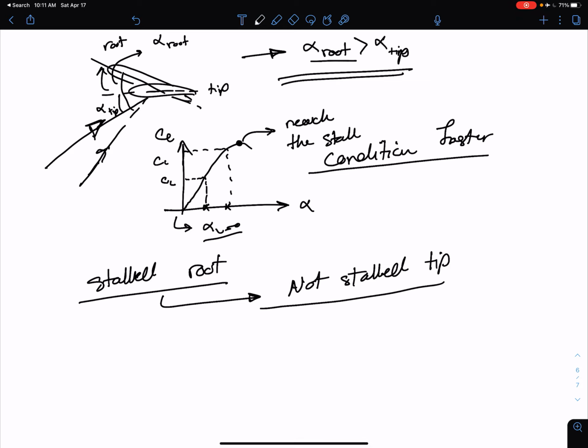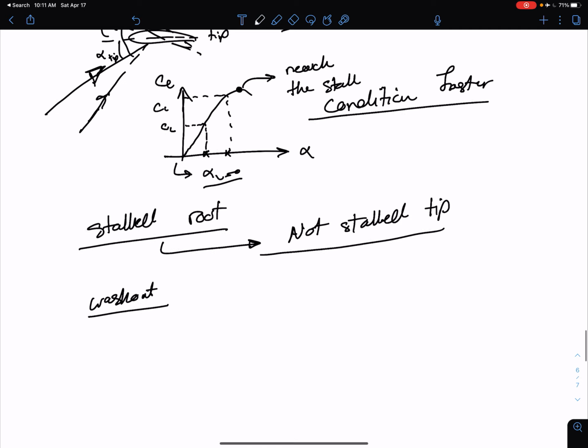So the stalling on the wing is going to start from the root and then move on to the tip as you increase the angle of attack. And this is going to cause the washout phenomenon.